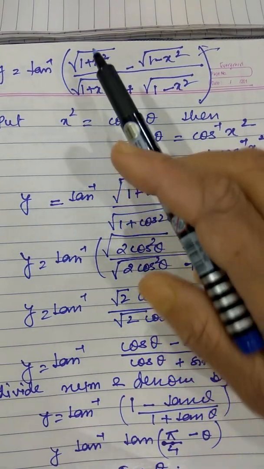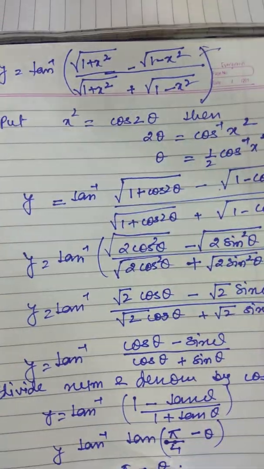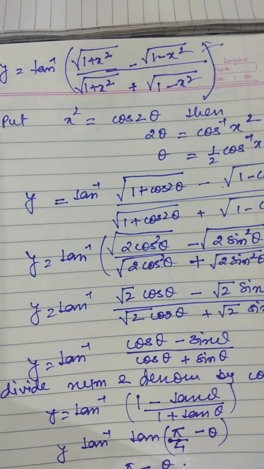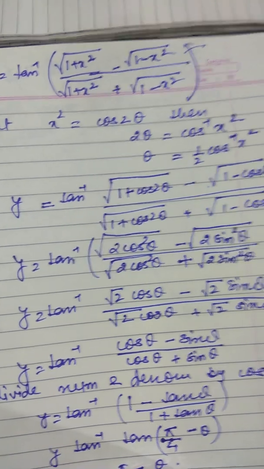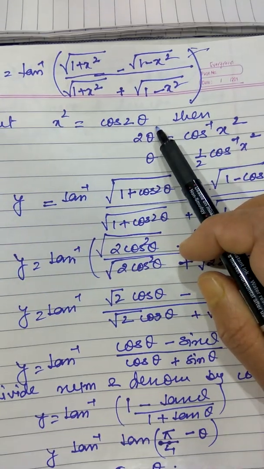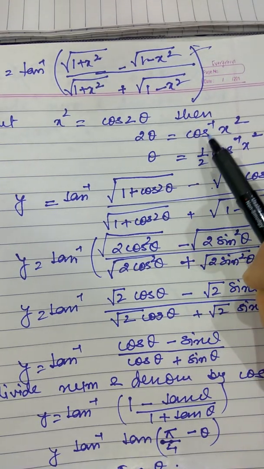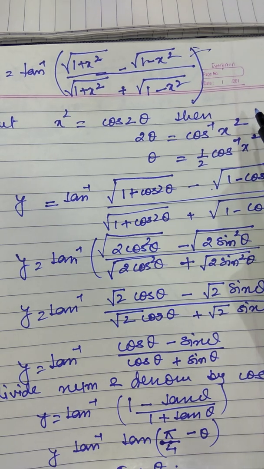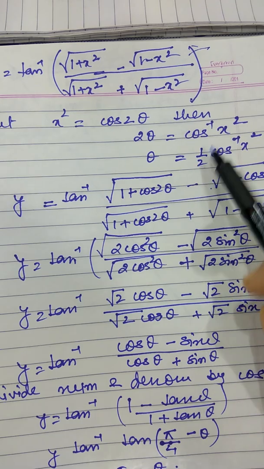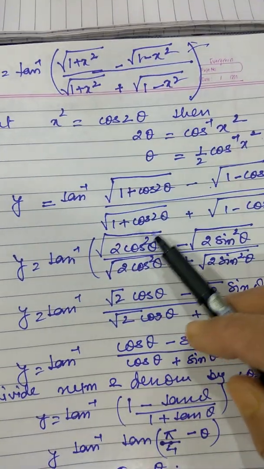So what we do, we put x square is equal to cos 2 theta, because 1 plus cos 2 theta and 1 minus cos 2 theta can be reduced to cos theta and sin theta like that. So x square is equal to cos 2 theta, then 2 theta is cos inverse x square. Leave it here. Now theta is 1 by 2 cos inverse x square. Leave it here. Now come to the question.